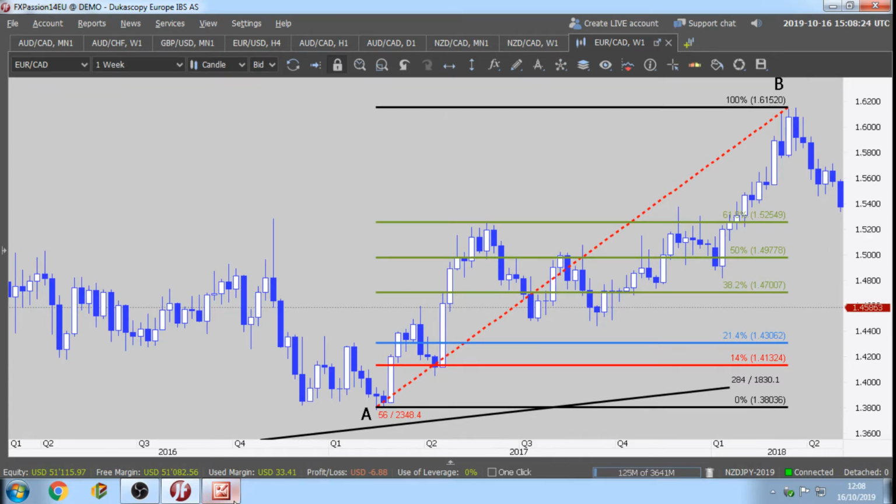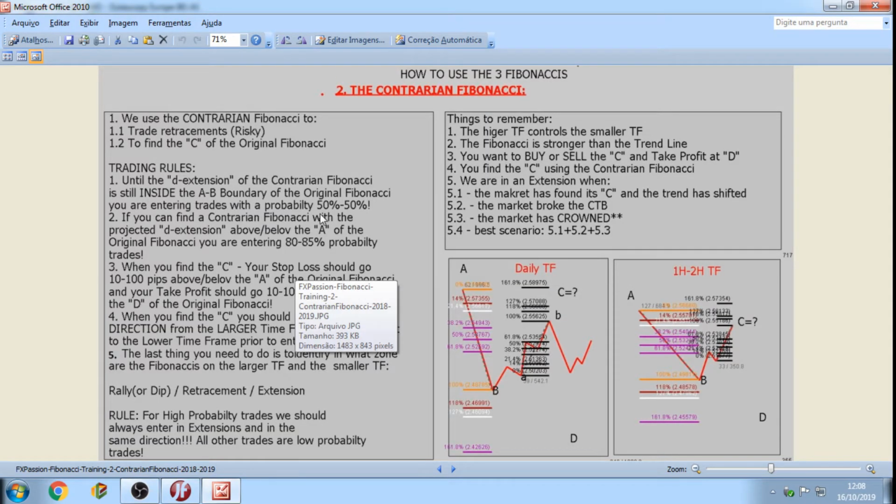So what I want to do is two things. I want to trade a retracement, and this is going to be risky. Why is that? Because I'm going against the overall general trend. And number two, I want to find the C of the original Fibonacci.